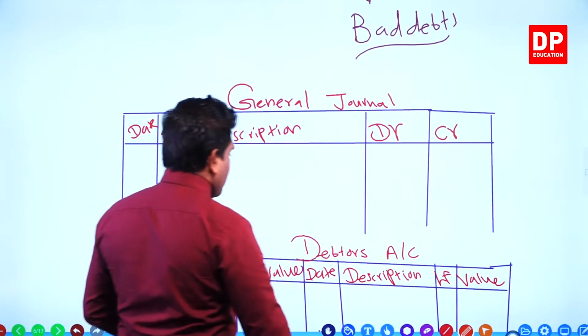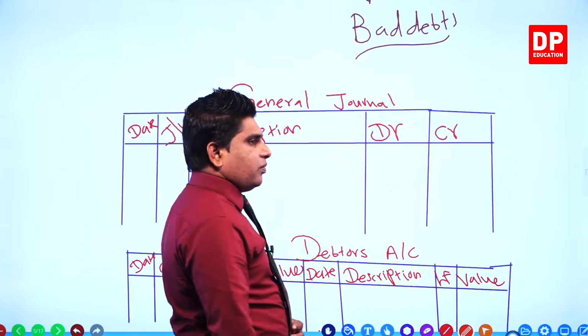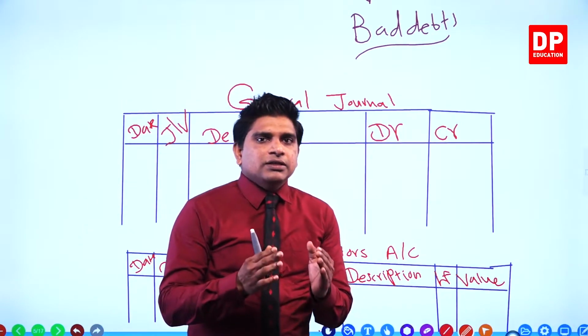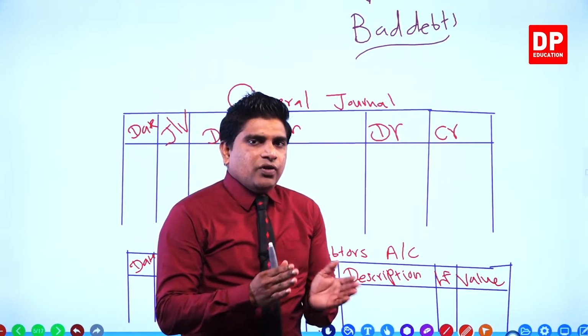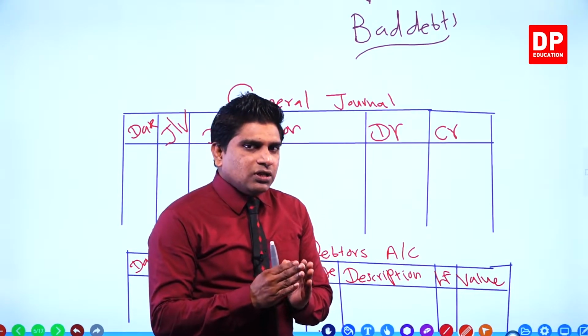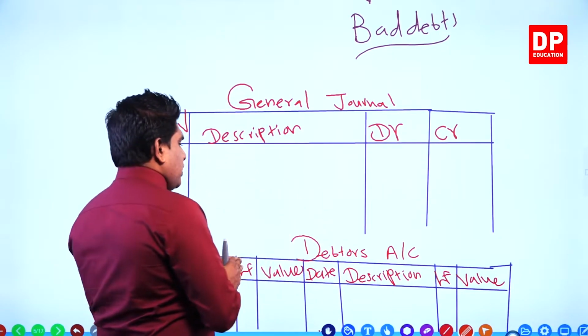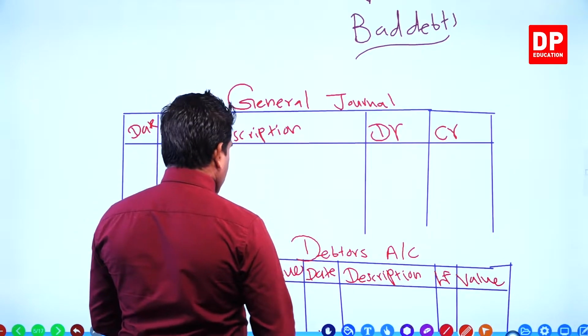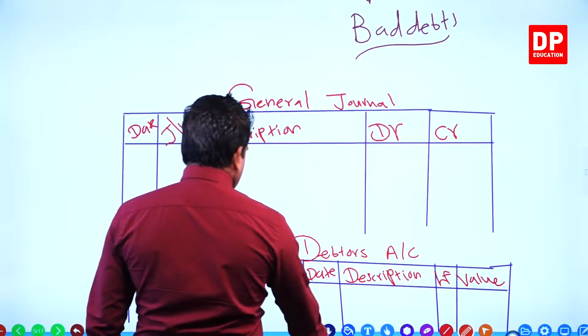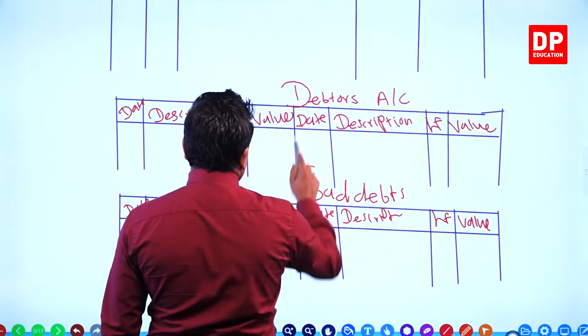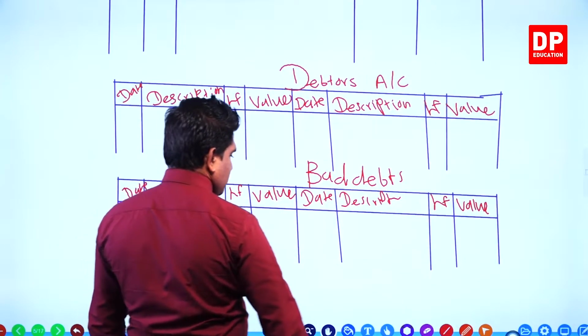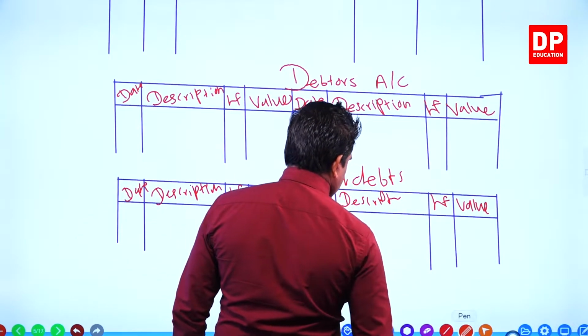Okay, now you know the value. We have calculated the value of the bad debts, 2,500, right? Okay, now the available balance of the debtors we must write first in the relevant account.